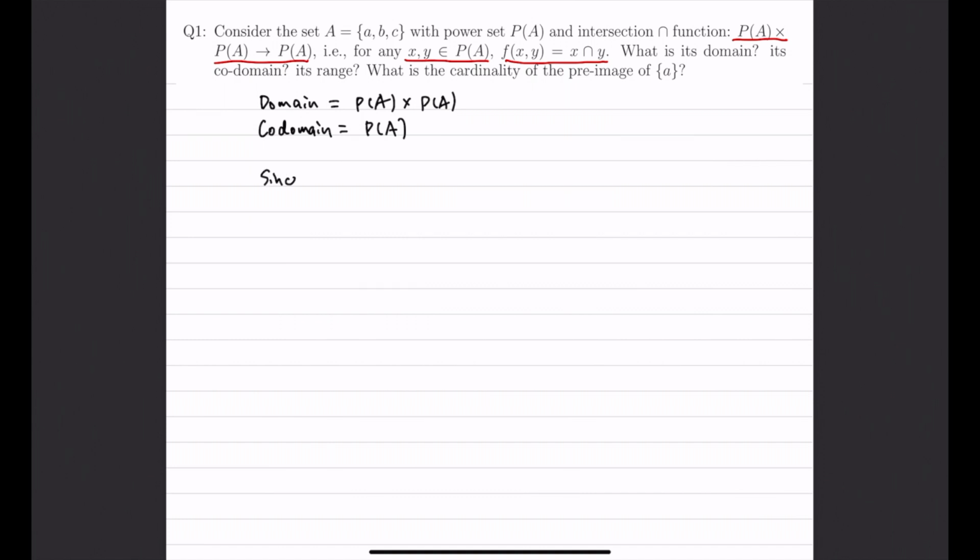And since we know that for any x in the power set of A, if we take f of x and the set capital A itself, we get the intersection of x and A, which is again x, because x is a subset of A. Because of this, the range of function f is equal to the power set of A.